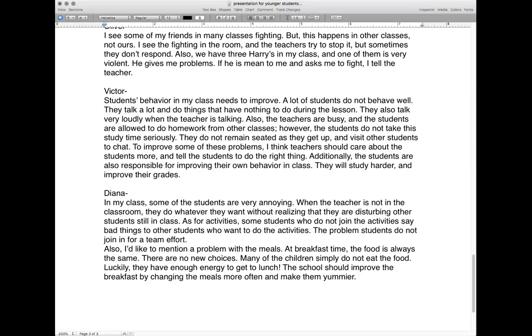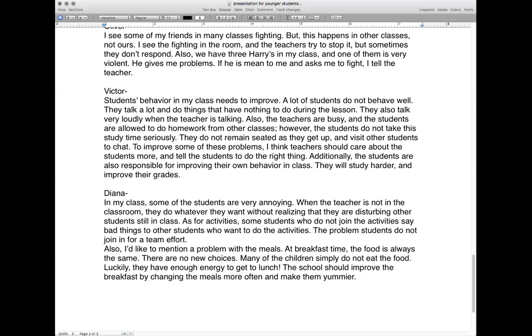So they are disturbing other students in class. As for activities, some students who do not join the activities say bad things to other students who want to do the activities. The problem students do not join in for a team effort.